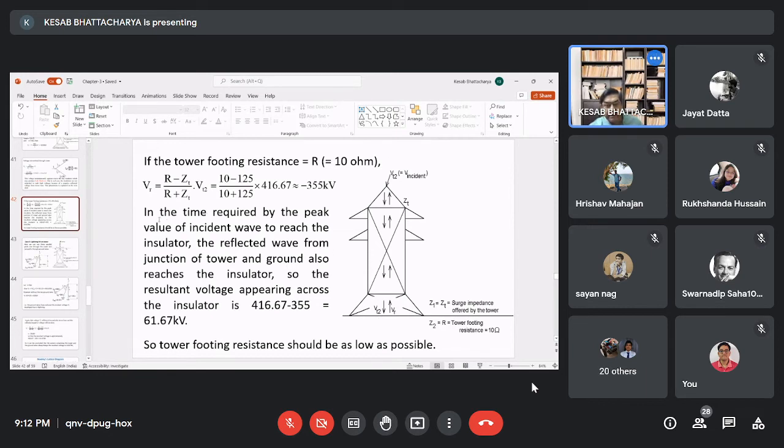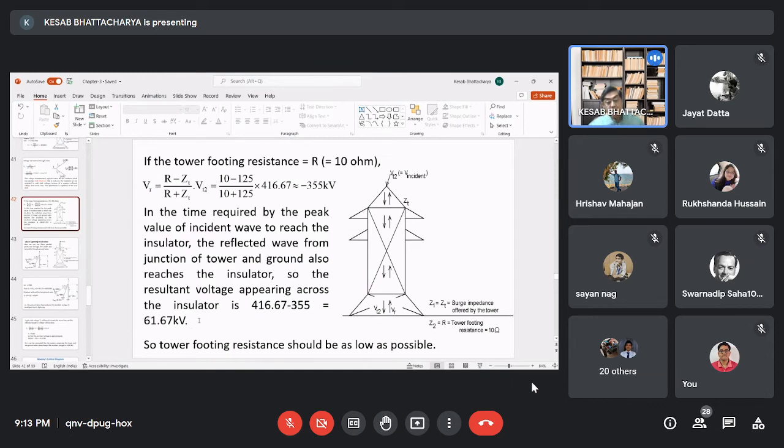In the time required by the peak value of the incident wave to reach the insulator, the reflected wave from the junction of the tower and ground also reaches the insulator. So the resultant voltage appearing across the insulator is 61.67 kV.